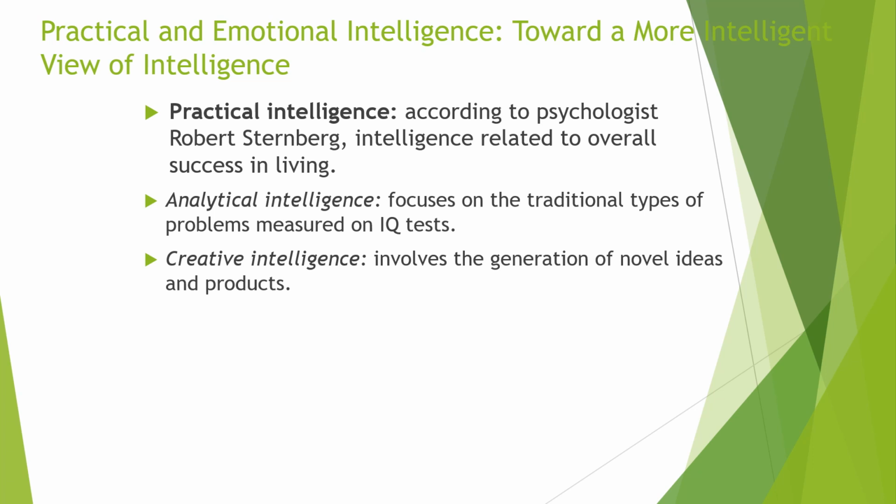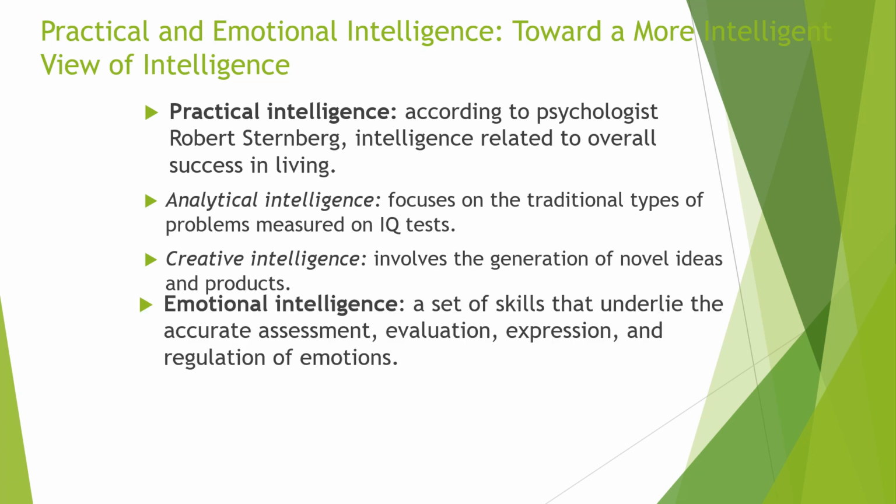The other type of intelligence is emotional intelligence. For emotional intelligence, you have a set of skills that underlie the accurate assessment, the evaluation, the expression, and the regulation of emotions. I think I also have this emotional intelligence.